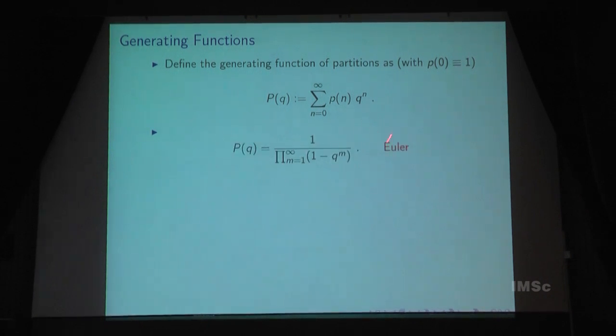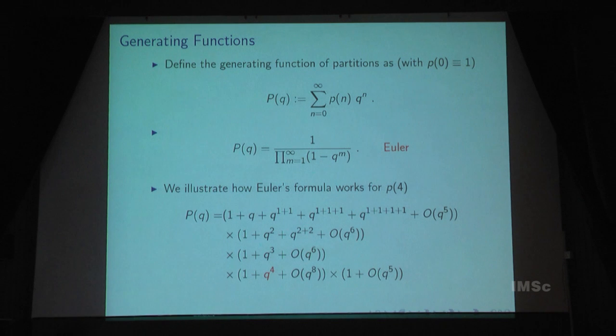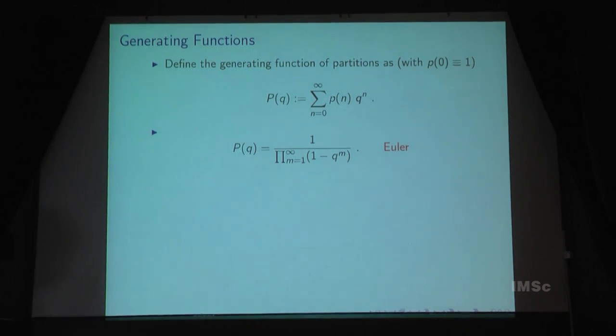So Euler wrote this beautiful formula. Now here is the thing. Let's go back a bit and look at this formula. It's an infinite product formula. But what you can do is, suppose you are interested in the problem I gave, 200.